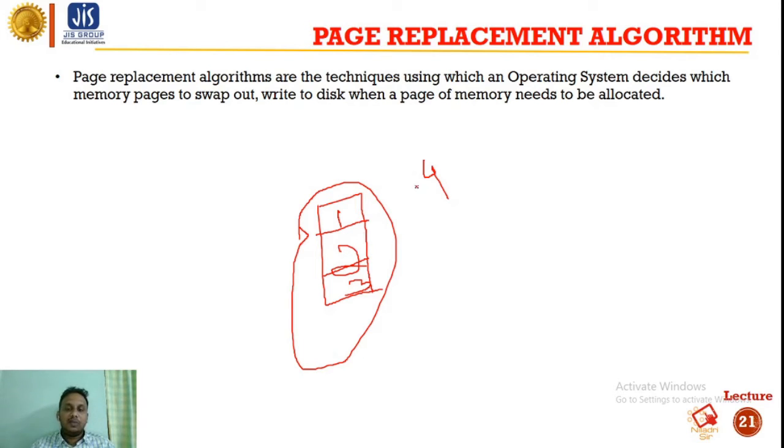So 4 must replace any one of these. Arbitrarily, we cannot swap it with 1, or 2, or 3. There must be some algorithm using which we can replace any one of these 3 with 4. That is the concept of page replacement.